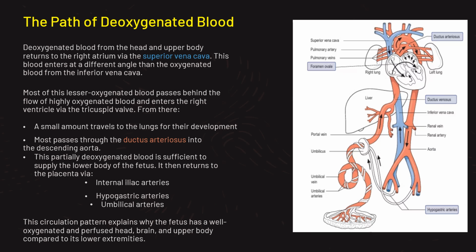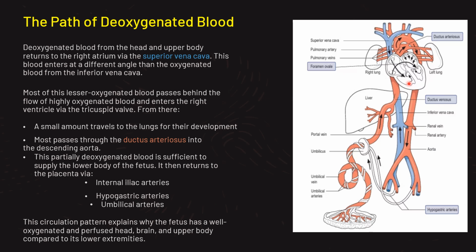Okay, so now let's learn about the deoxygenated blood circulation. The deoxygenated blood from the head and the upper extremities returns through the superior vena cava into the right atrium. Since the foramen ovale mainly shunts the oxygenated blood across, the deoxygenated blood stays in the right atrium and passes into the right ventricle.